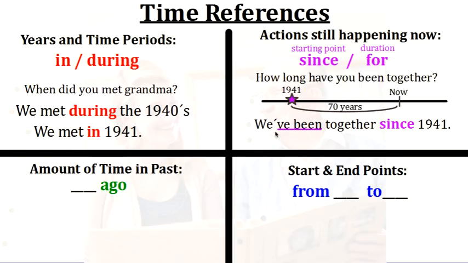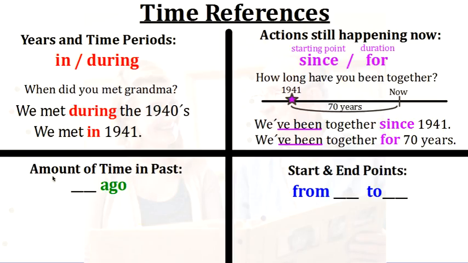We could use for in the same sentence, and we can say we've been together for 70 years. Again, 70 years is a duration of time, and that's why I'm using for with this one. Now again, I'm still using the same grammar, that present perfect, to indicate that this action started in the past, but it's still continuing. It's still happening today.